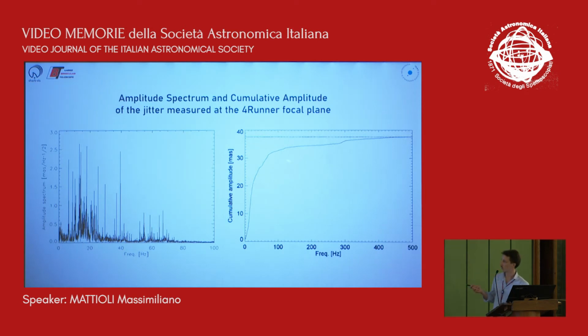This is what we deal with. This is the amplitude spectrum and the cumulative amplitude of the jitter at our focal plane. Thanks to Guido, today we know that we also have a big component at 127 Hertz.